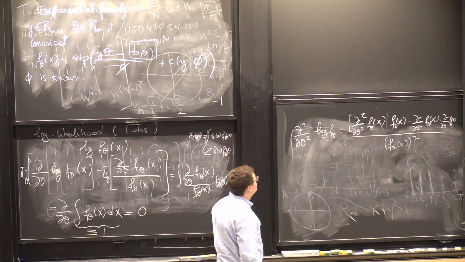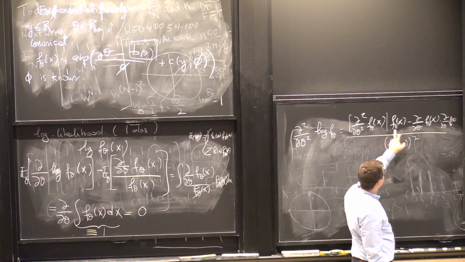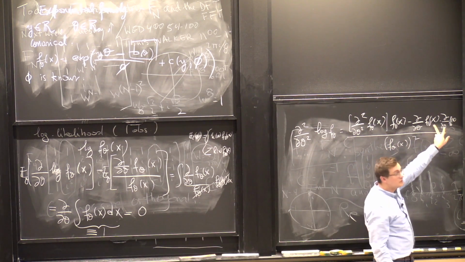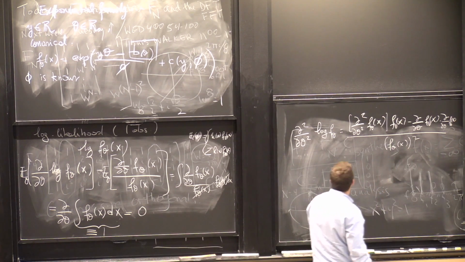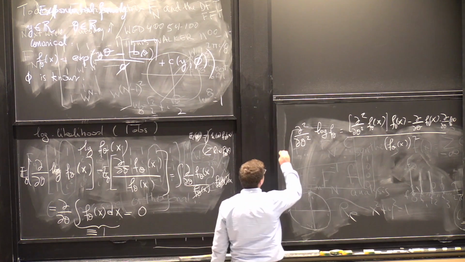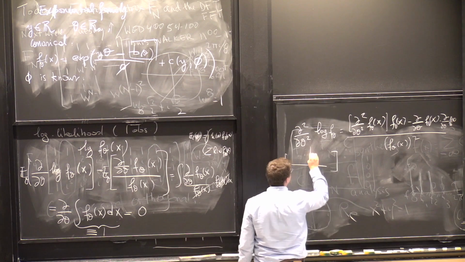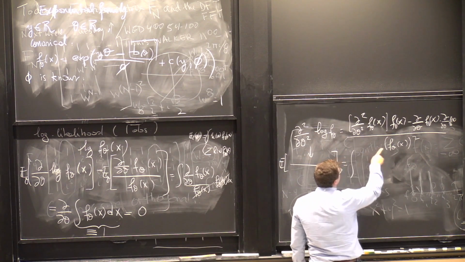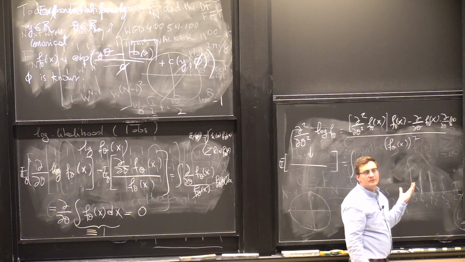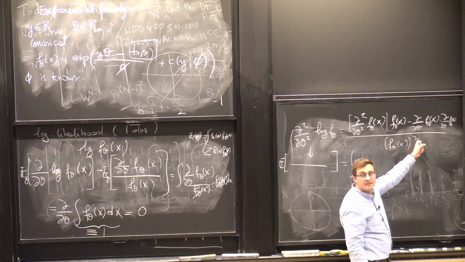OK? So here I have the second derivative times f itself, and here I have the product of the first derivative with itself, so that's the square. Now I'm going to integrate this. If I take the expectation of this thing, what I get is the integral, and the only thing that happens is that one of those f theta cancels against the square.